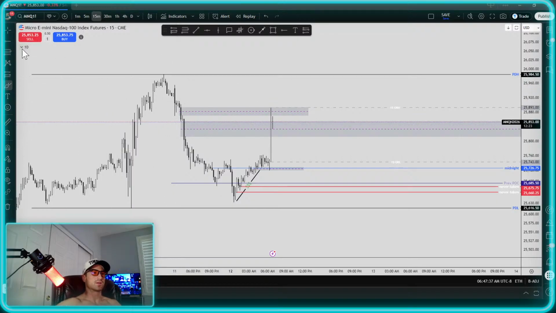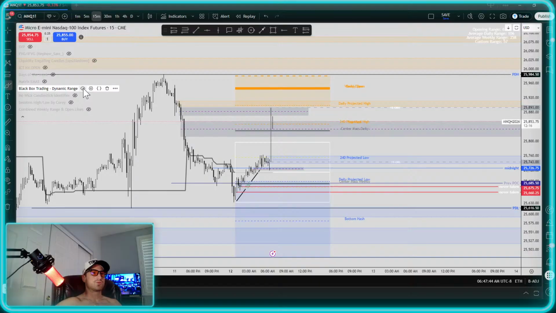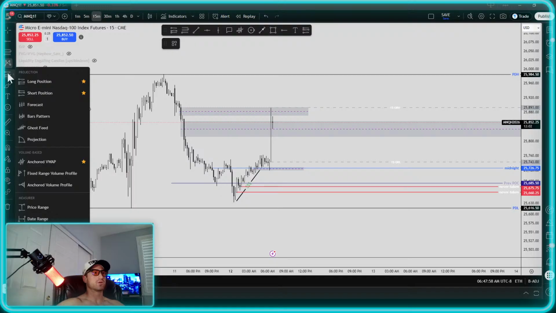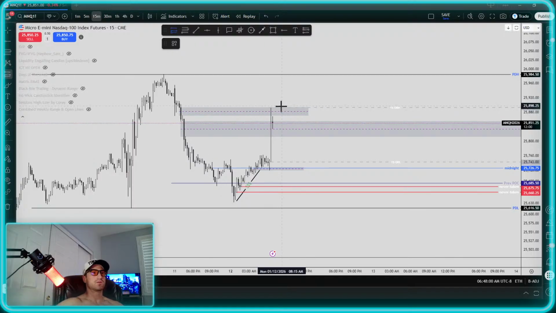Just not seeing anything. It might be sitting here at the daily projected high. Yeah, looks like we came close to it. I don't know, chat. If we get closures above this here, we can look for longs. Maybe tight risk.